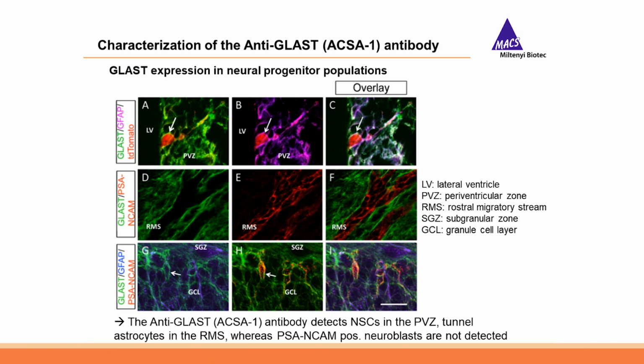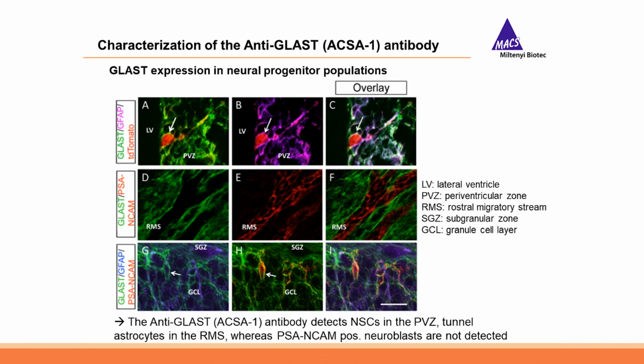And it can be seen that the electroporated tdTomato positive cells express both GLAST and GFAP, so that you see in A to C. And that means that the anti-AXA1 antibody identifies the neural stem cells in the periventricular region of the postnatal forebrain.